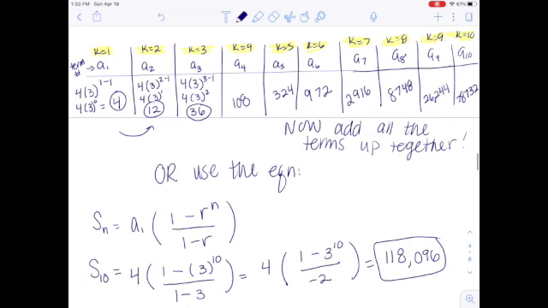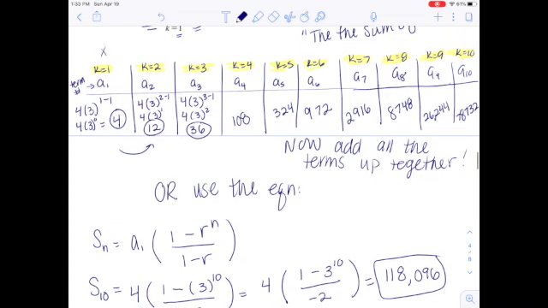So I look at this problem, and this is pretty similar to what's happening in the world right now with coronavirus, right? You want to see on day 1, maybe you would have 4 patients, and then on day 2, all of a sudden you have 12 patients, and then on day 3 you have 36 patients, and all the way up until the 10th day, now you have a whole lot of patients.